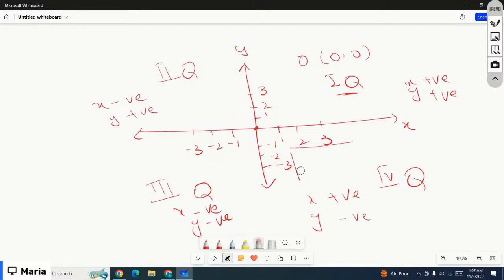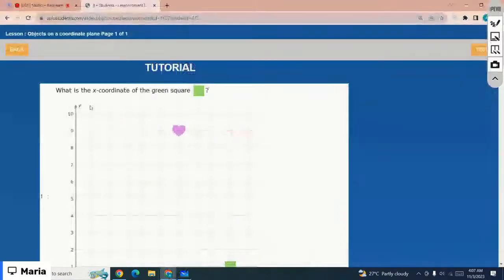Okay, for example, you have a point like this in the coordinate plane, right? The point has some x value when you match it to the x and some y value when you match it to the y. For example, this one, x value is 3 and y value is 2.